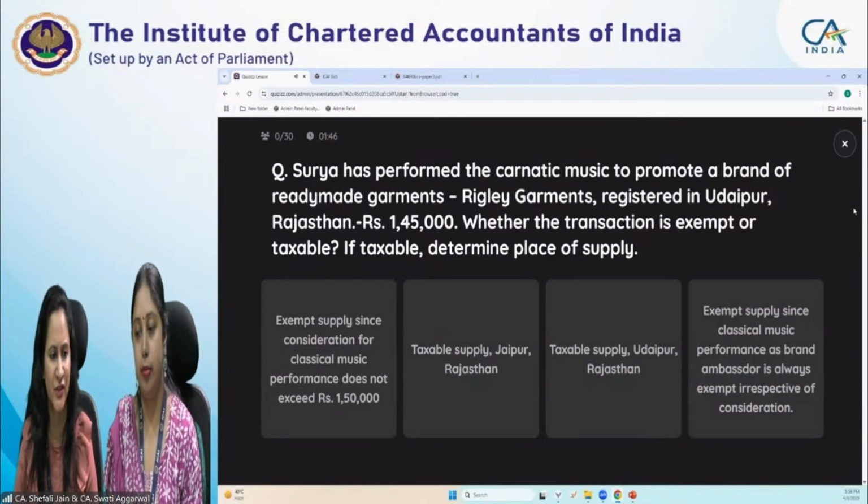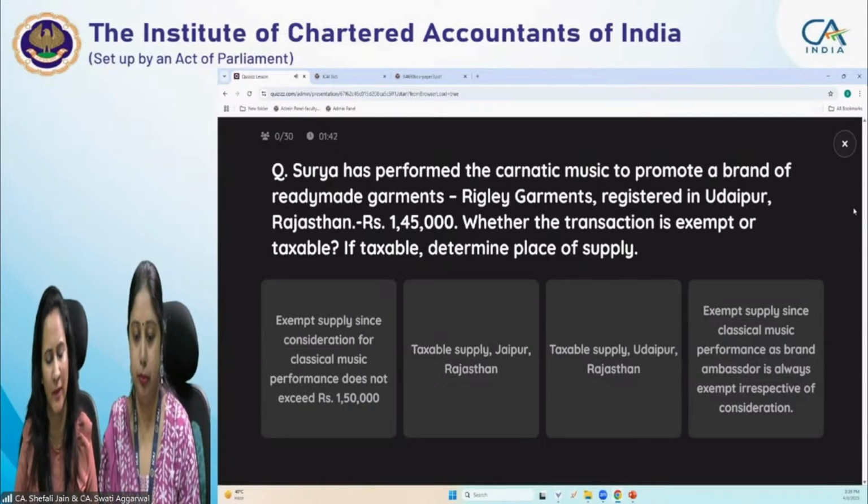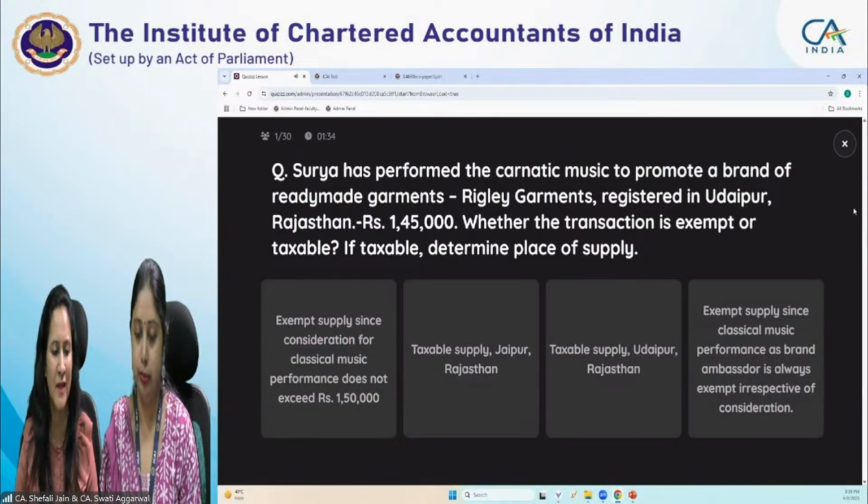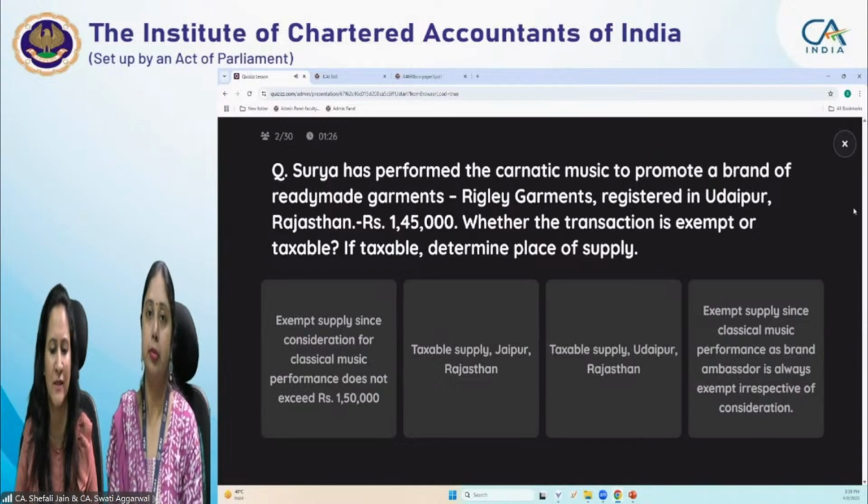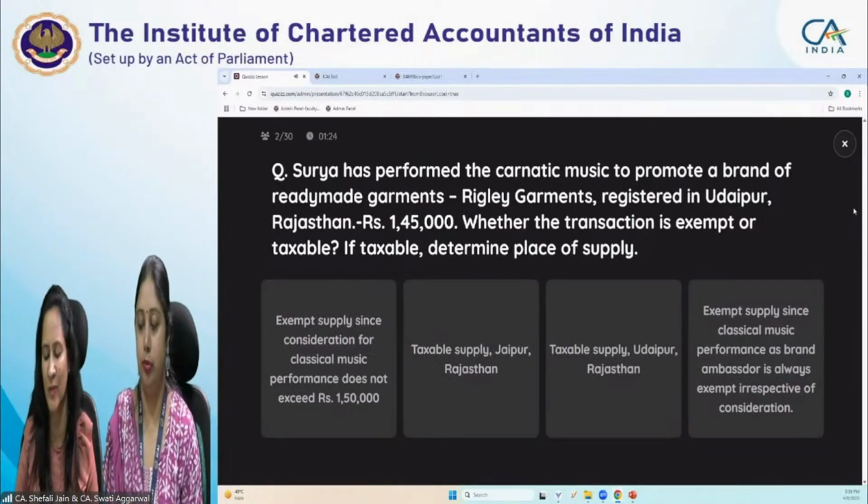Whether the transaction is exempt or taxable, and if it is taxable, then what is the place of supply? A. Exempt supply since consideration for classical music performance does not exceed rupees 1,50,000. B. Taxable supply, Jaipur, Rajasthan. C. Taxable supply, Udaipur, Rajasthan. D. Exempt supply since classical music performance as brand ambassador is always exempt, irrespective of the consideration.